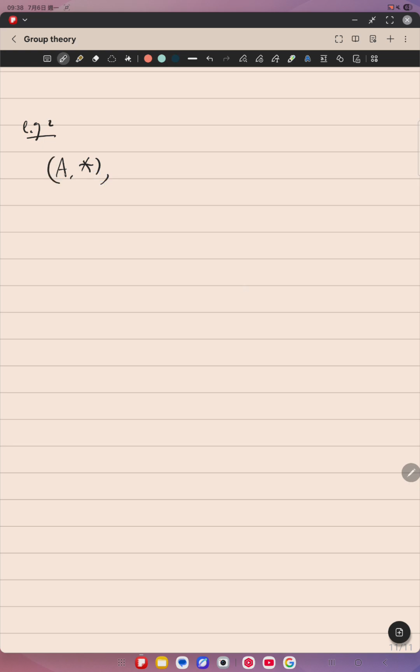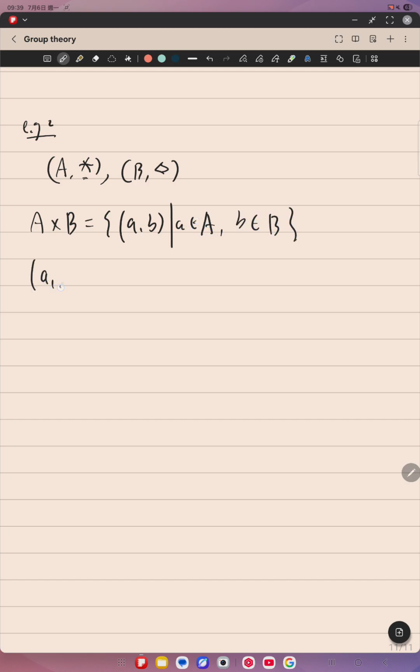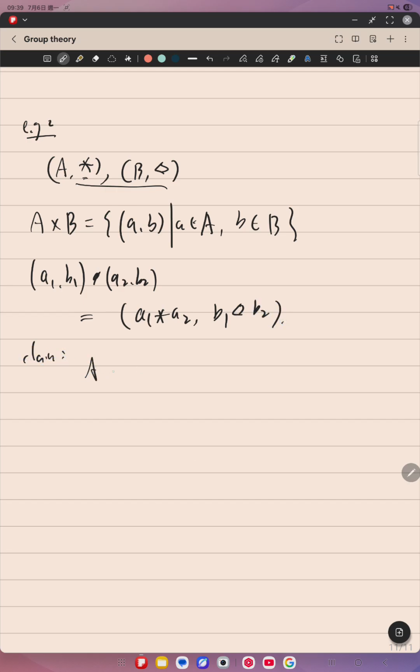Let's say this is one group, A, and this is the group operation associated with A, and then we have another group, B. We can define A times B. So this is the Cartesian product, where a belongs to A, b belongs to B, and now we define a product (a1, b1) times (a2, b2) using these products. So it's a1 a2 and b1 b2. My claim is that this is a group.